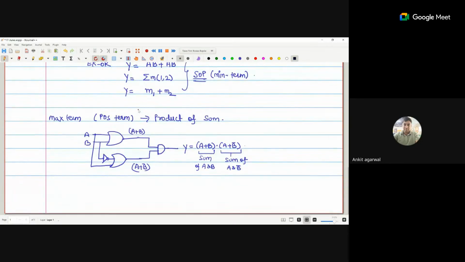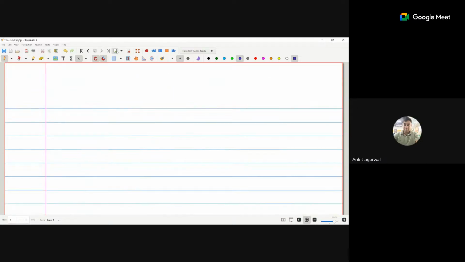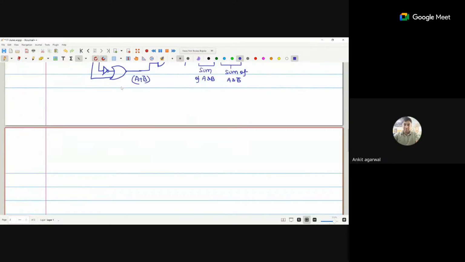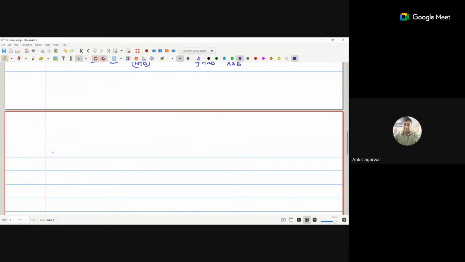Now if we go with some properties of the max term, a max term should be represented in the form of pi capital M. A min term is represented in the form of sigma small m.